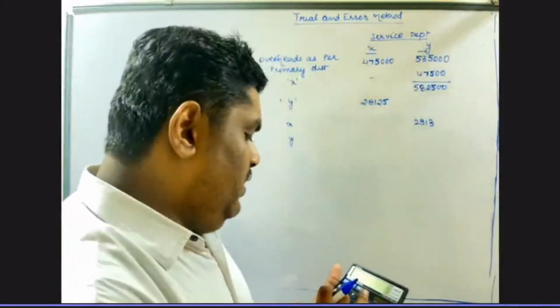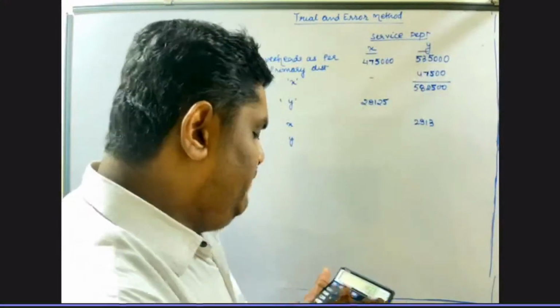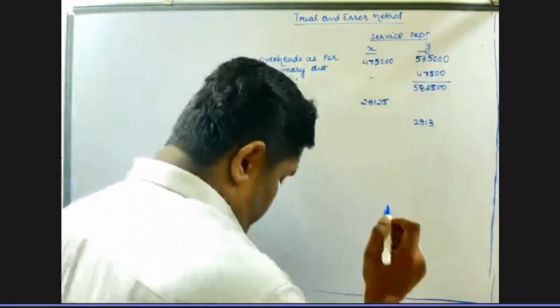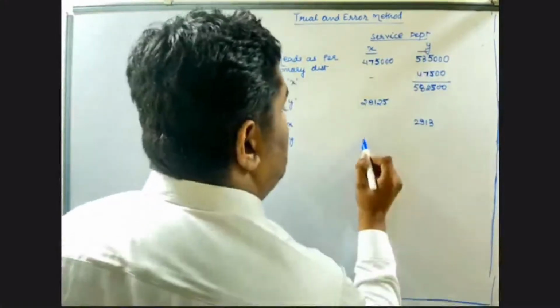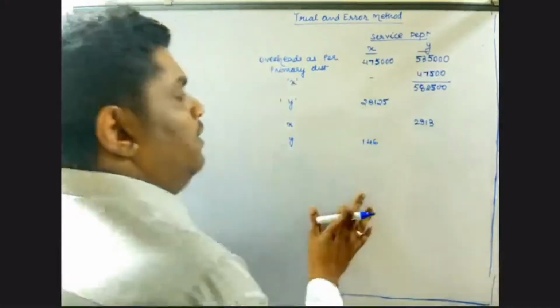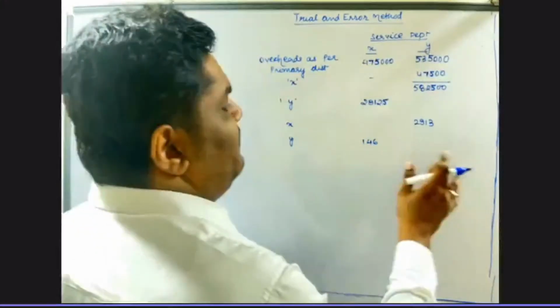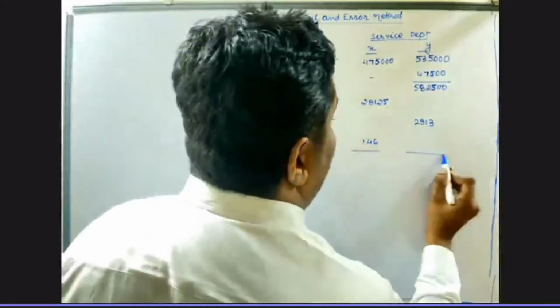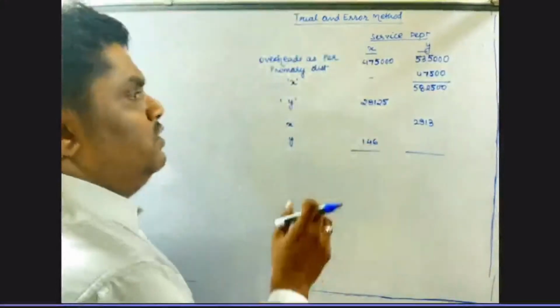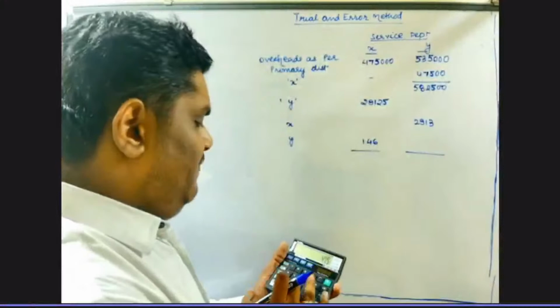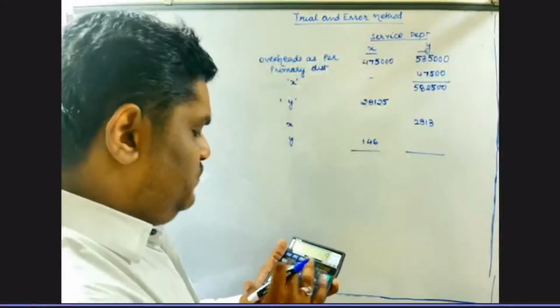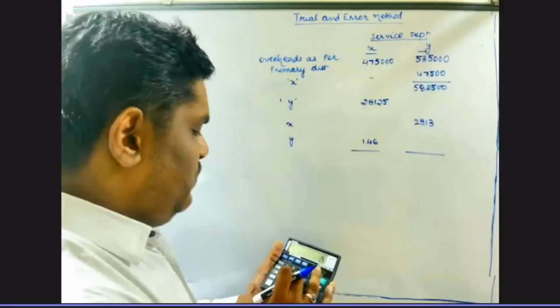So 2,913 into 5% is 146. Now this much is more than sufficient, guys. Now we'll calculate the total overheads.